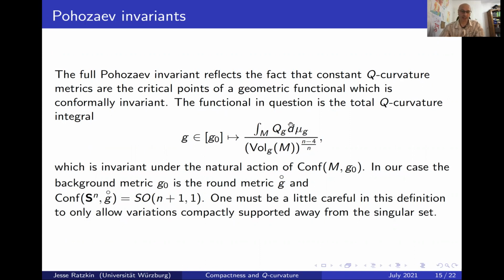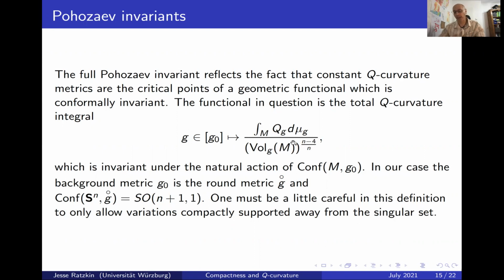In fact, this whole ratio is invariant under the action of the conformal group, if there are any conformal transformations. But the important thing is that I need to have volume to this particular power in the denominator here, because otherwise I don't have any sort of reasonable variational problem.